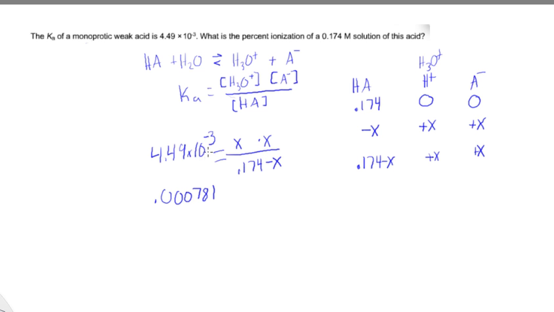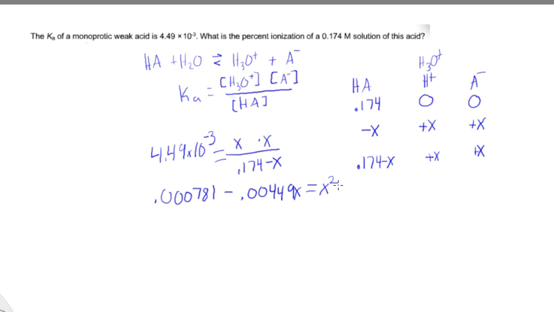Okay, and minus, I'm going to write this in decimal form, 0.00449. So that is 4.49 times 10 to the negative third, X equals x squared.